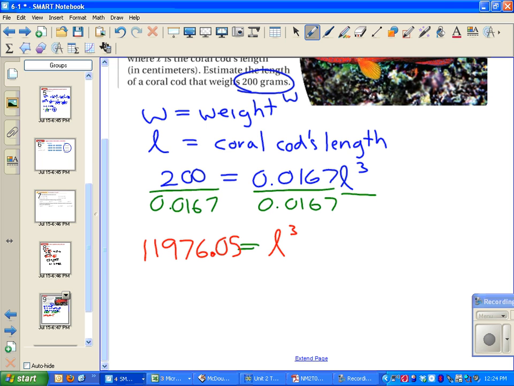And then to get rid of the cube, I want to cube root both sides. Right, cube root, and since it's a word problem, I want the positive answer, but this only gives me one real root. So the length is going to be equal to about 22.9 centimeters. And that is how you do that problem.